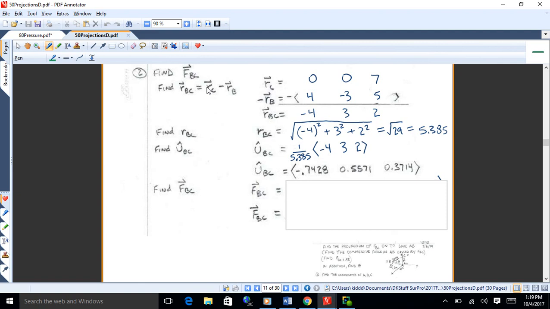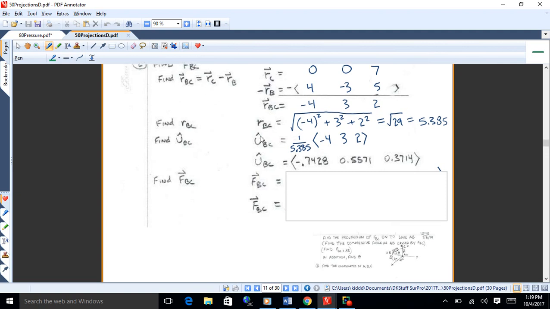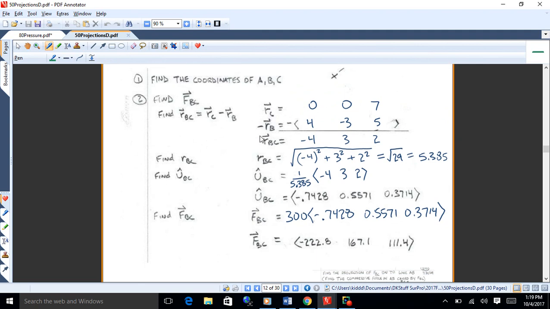The point from A to B, or from B to C. Yeah, from B to C. And you scale that unit vector up by the 300, I think it is, and you'll get a force vector. Okay, so that gets you the force from B to C.